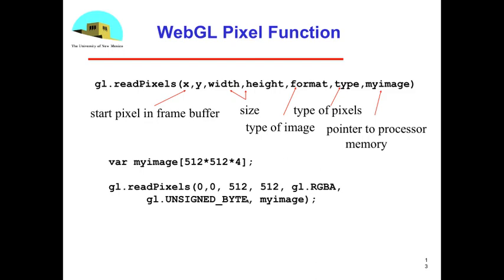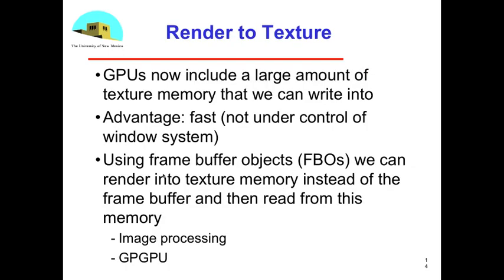Well, if this is a 512 by 512 RGBA image, then I'm going to make it 4 times 512 by 512 in my own code, and then do what I need to do to convert those values into whatever format I want to output.